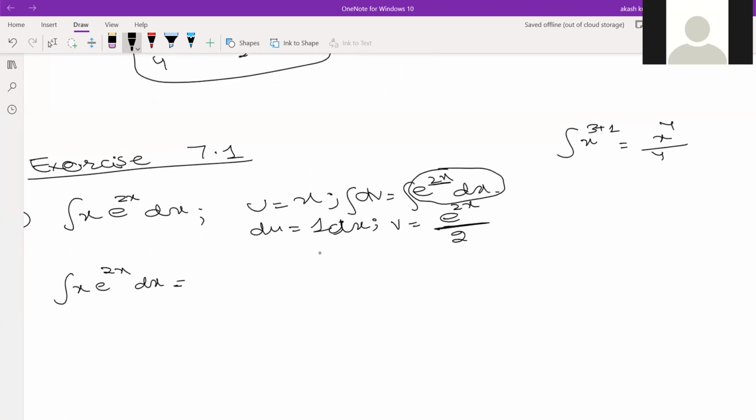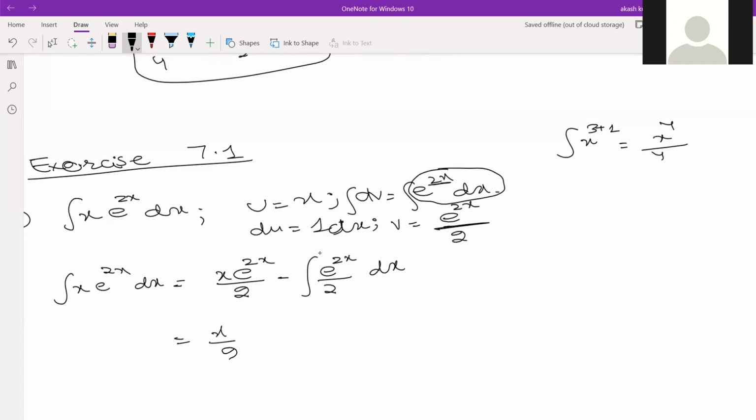So the integration by parts formula is uv minus integral of v du. So u is x, v is e raised to the power 2x divided by 2, minus integral of v, which is e raised to the power 2x divided by 2, and du. Du is dx. Is it clear? Okay.